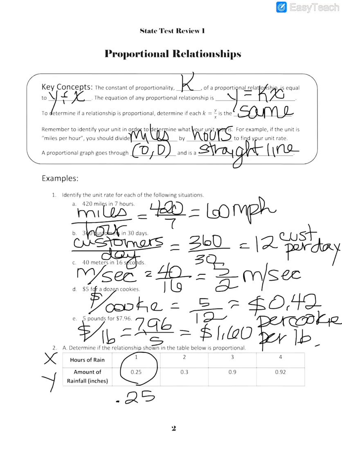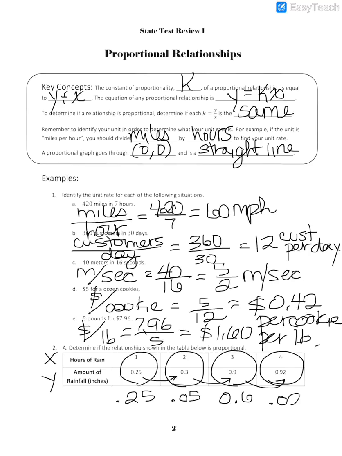During the next hour, from 1 to 2, how much did it actually go up? It went up 0.05. In the next hour, it went up 0.6. And the way I'm getting these is by just subtracting. And then in the next hour, it went up 0.02.